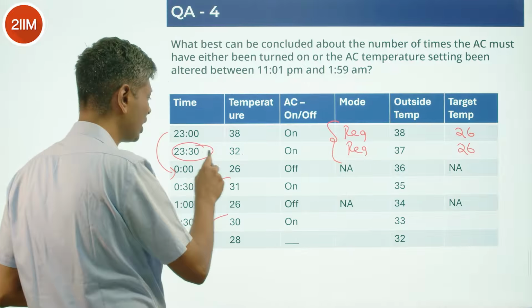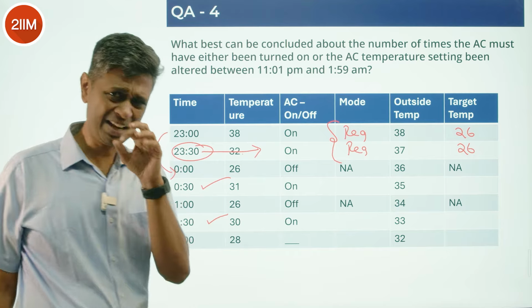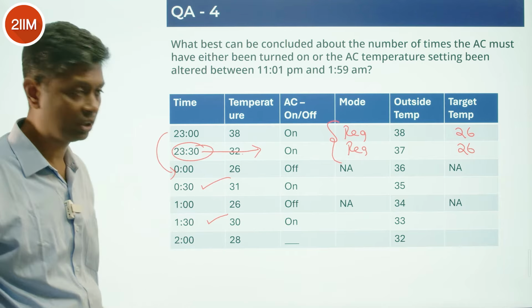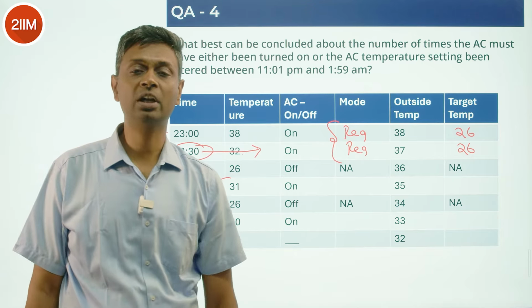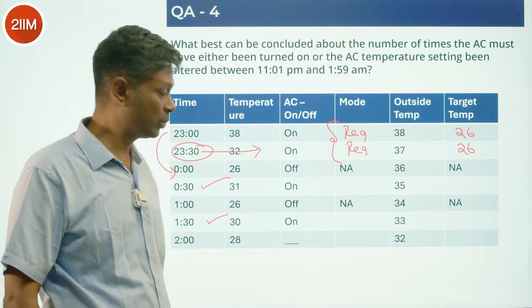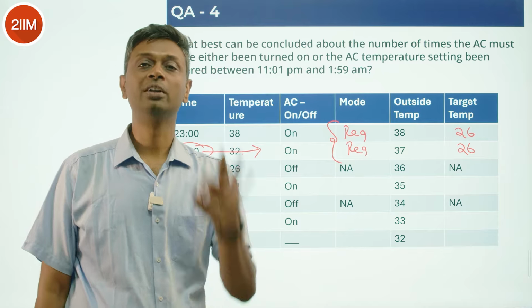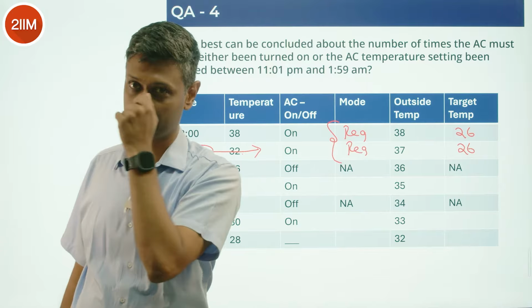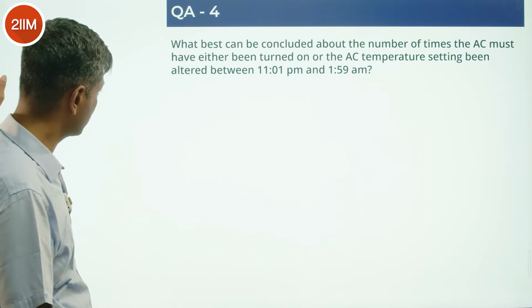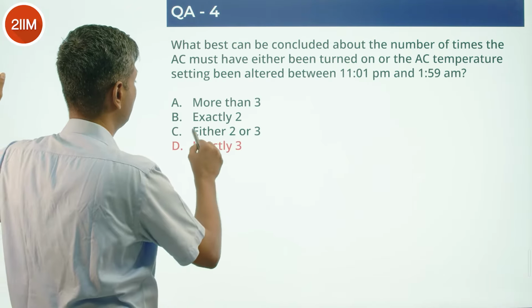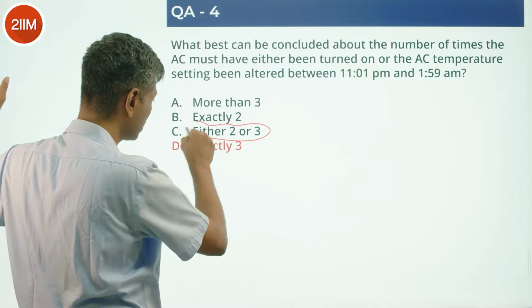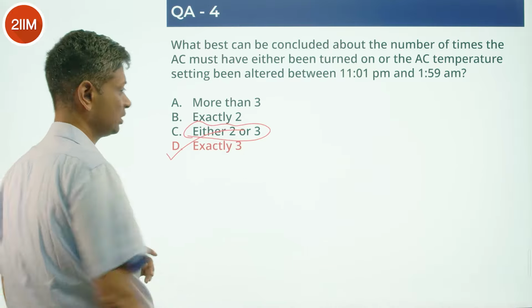That means we should have tinkered with it at 11:30. We definitely tinkered with it at 12:30 and 1:30. We should have definitely tinkered with it at 11:30 also. At 12 and 1, we switch it off. Those don't count. These three count exactly 3 times. Beautiful question, because this is a very close, seemingly delicious option. This is the right one.